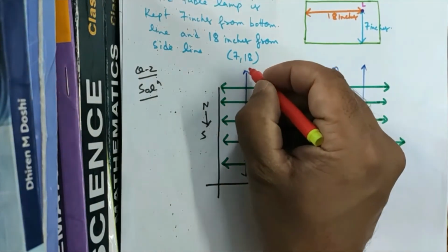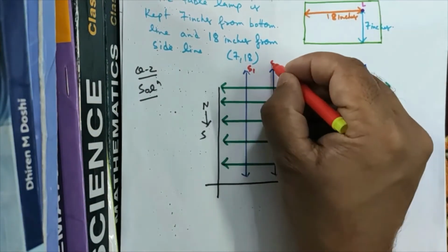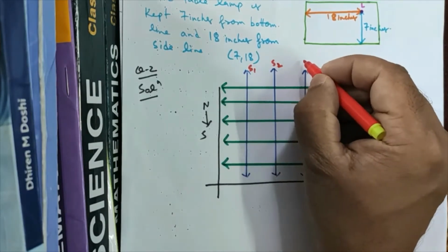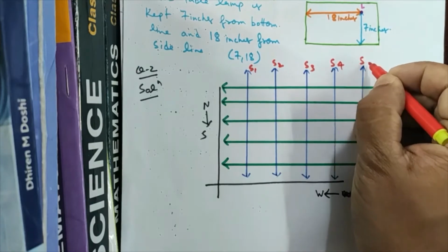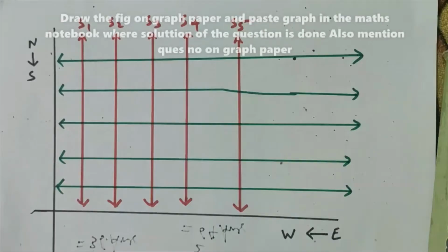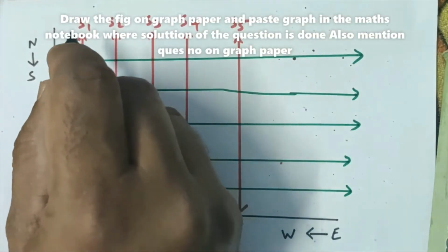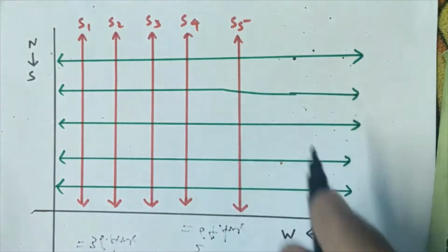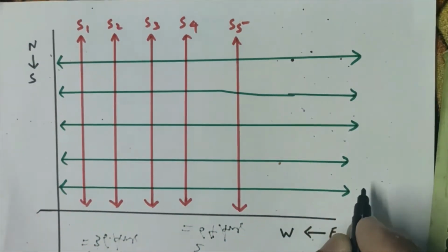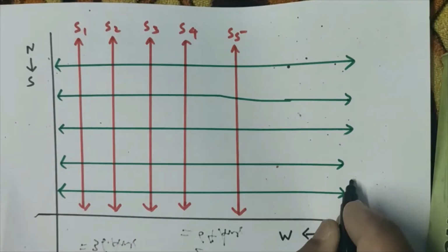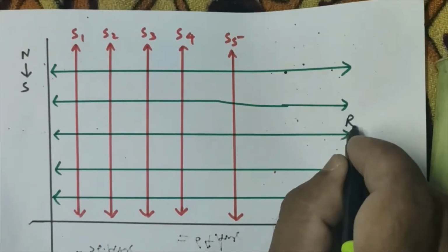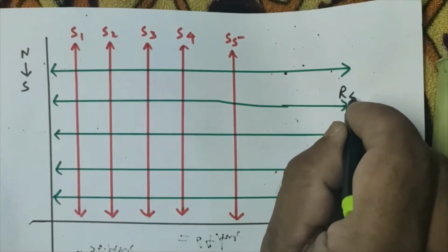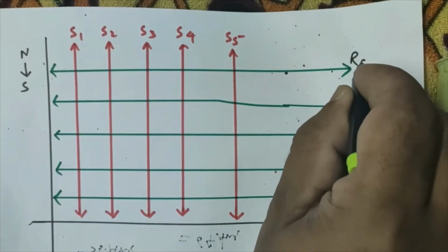Suppose I have named these S1, S2, S3, S4, S5, which are street 1, street 2, street 3, street 4 and street 5, and these I am naming R1, R2, R3, R4 and R5.